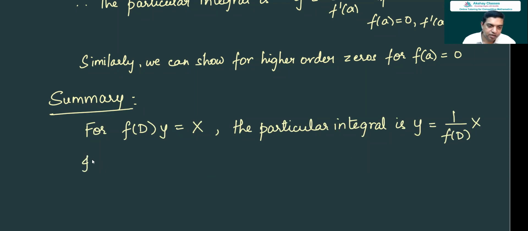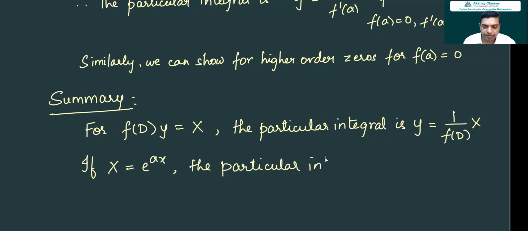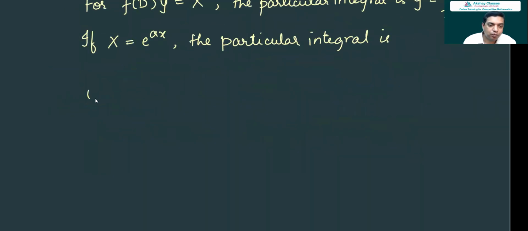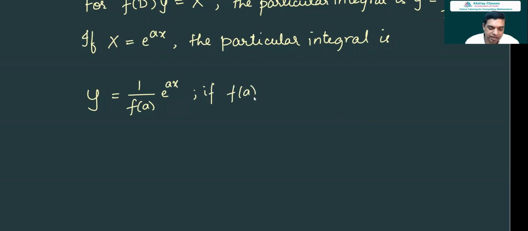So if x is equal to e power ax, the particular integral is y is equal to 1 by f of a times e power ax if f of a is not equal to 0.